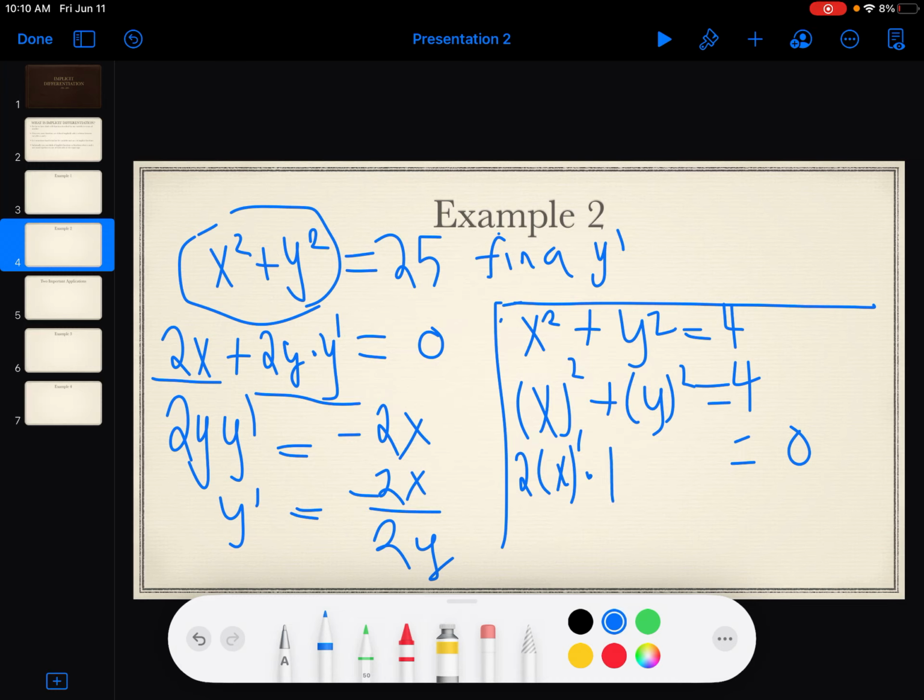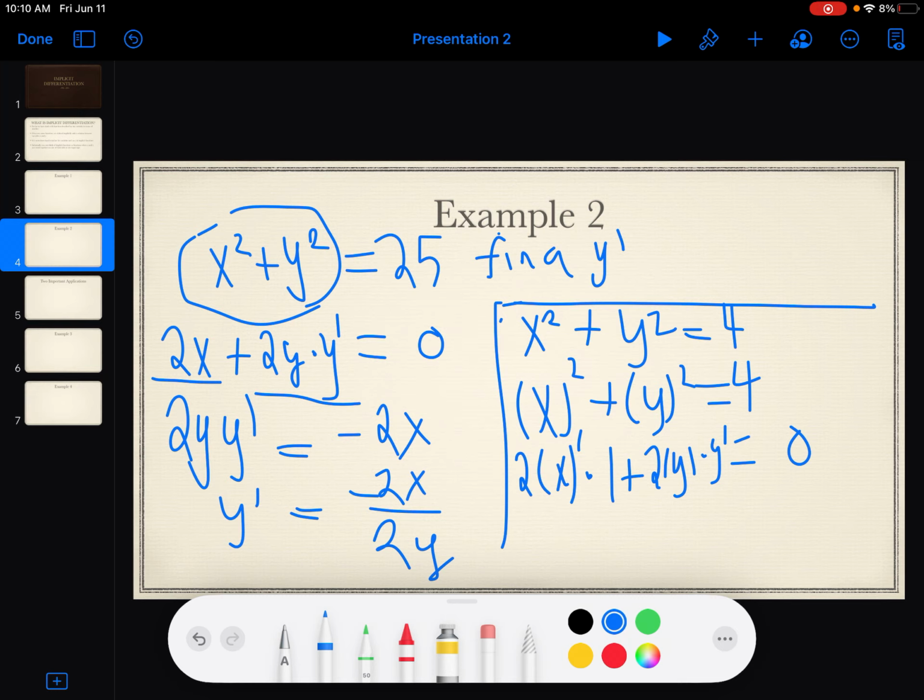Well, it's just 1. So it's times 1 plus. Now let's use the chain rule here as well. Bring down the 2. We've got y in brackets. Now let's take the derivative of what's inside the brackets. What's the derivative of y with respect to x? Well, it's just dy by dx, and dy by dx is just y prime. So I hope that makes more sense there. That's basically what we did.